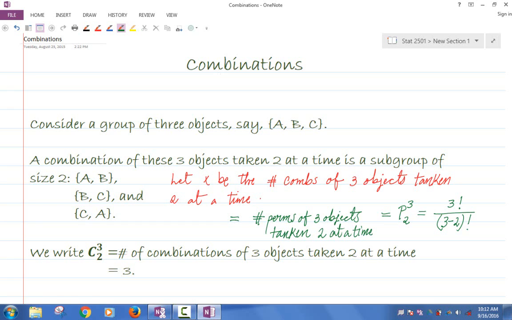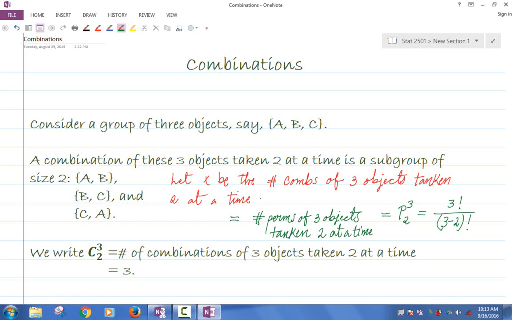So if I have X subgroups of size 2, for each subgroup of size 2, how many arrangements are there of the 2 objects in the group? If you pick a subgroup of size 2, you have 2 elements. How many arrangements do you have for the 2 elements? 2 factorial, right?